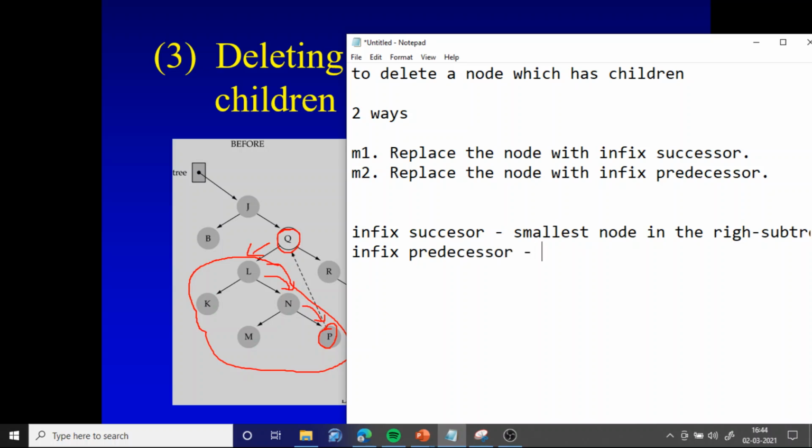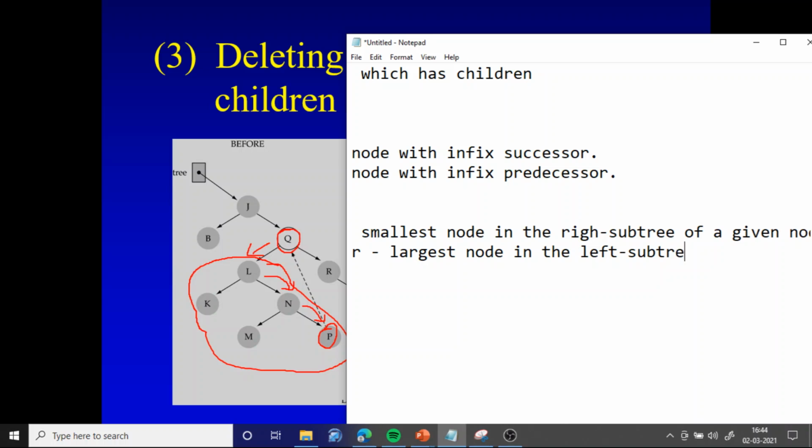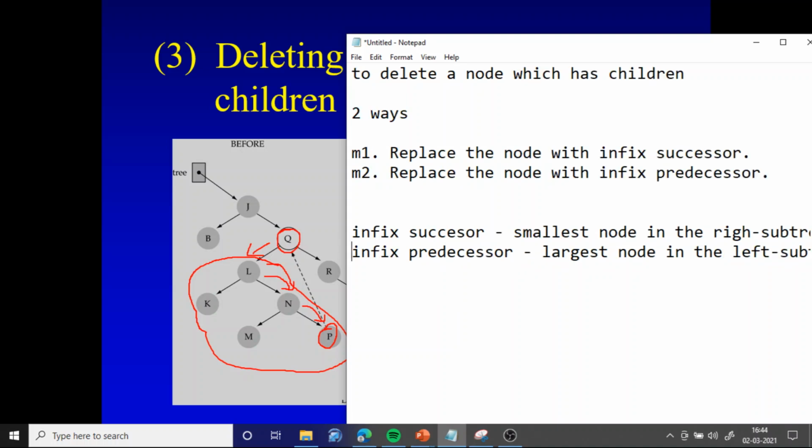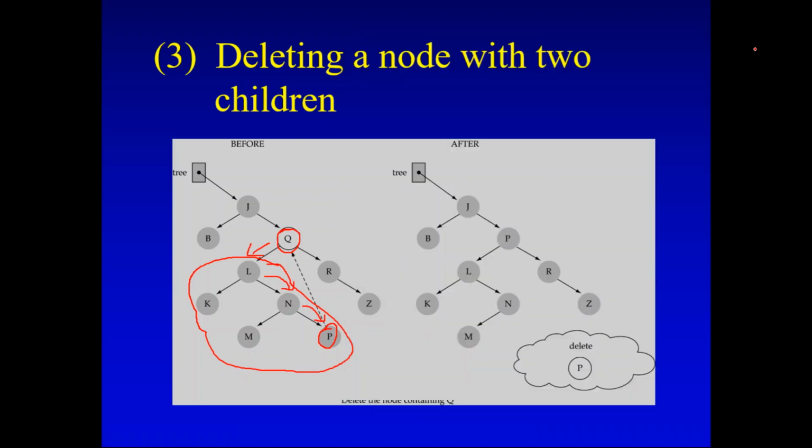It is the largest node in the left subtree of a given node. Here smallest means the node with the smallest value, and similarly largest means the node with the largest value. So these are the two ways of deleting a node which has two children.